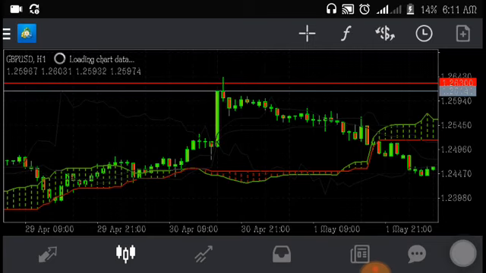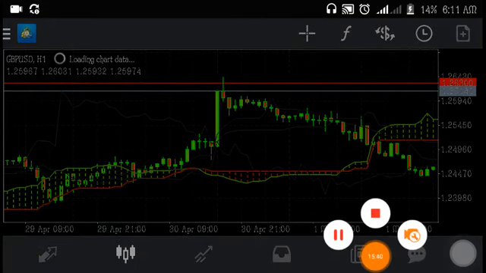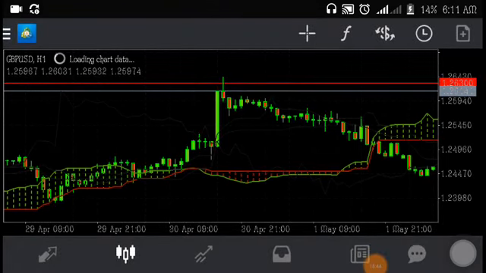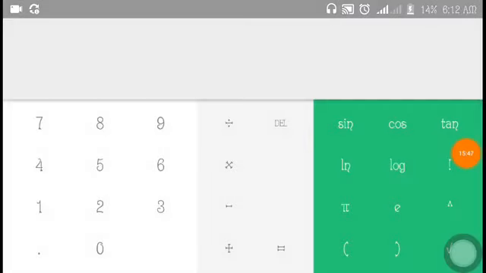So that being said, let's see what the end result is. Let's calculate what we got. Let's head to our calculator very quickly. So guys, for the month of April, let's say our first win was 50 pips plus 50 pips.